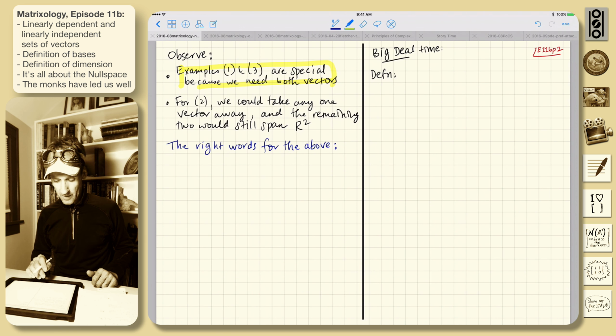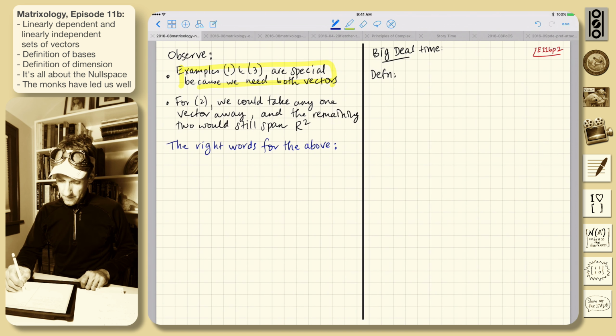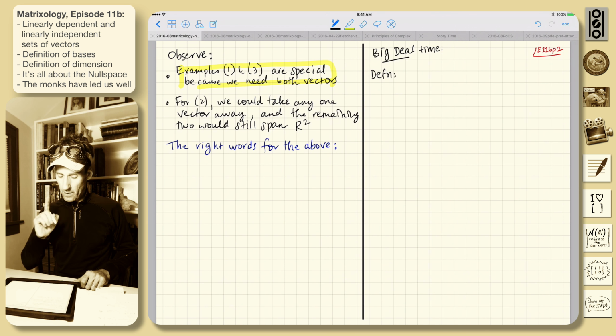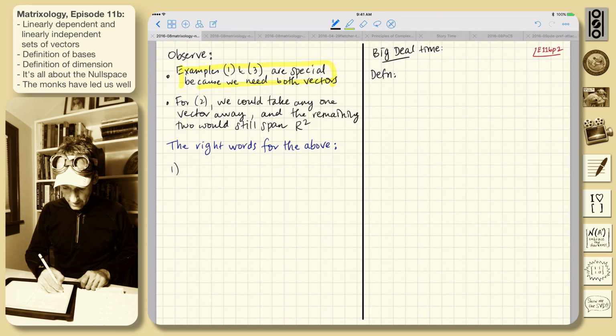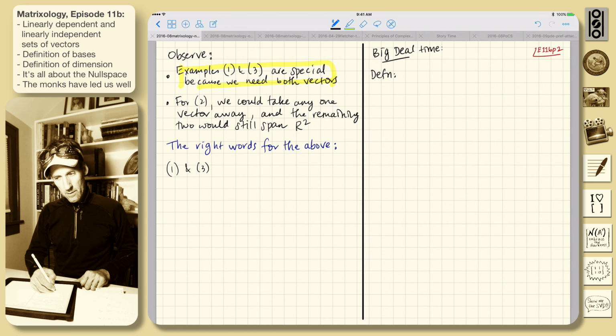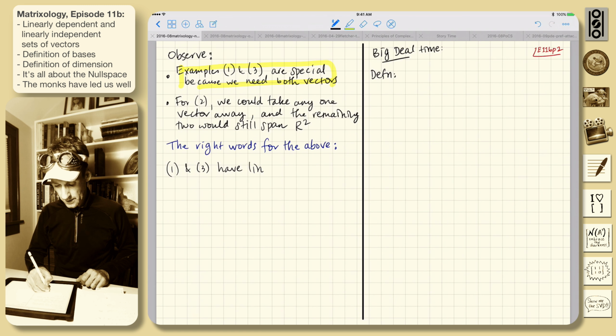All right, big deal. So the right words for what we've just said: 1 and 3 are linearly independent sets of vectors.